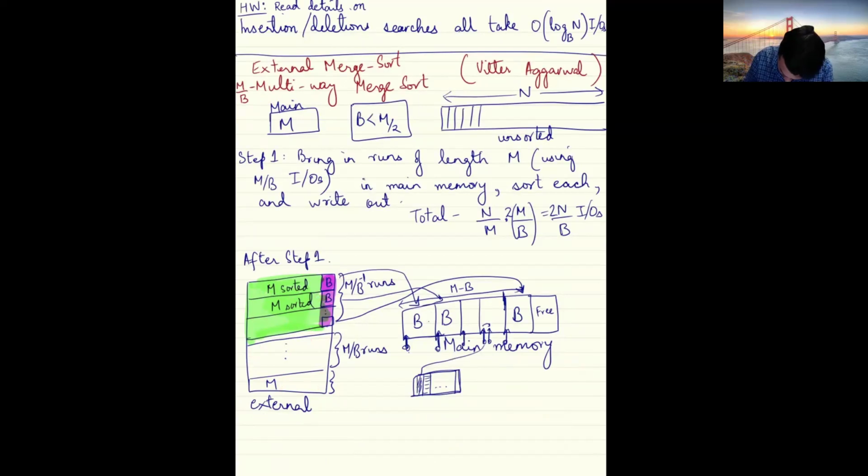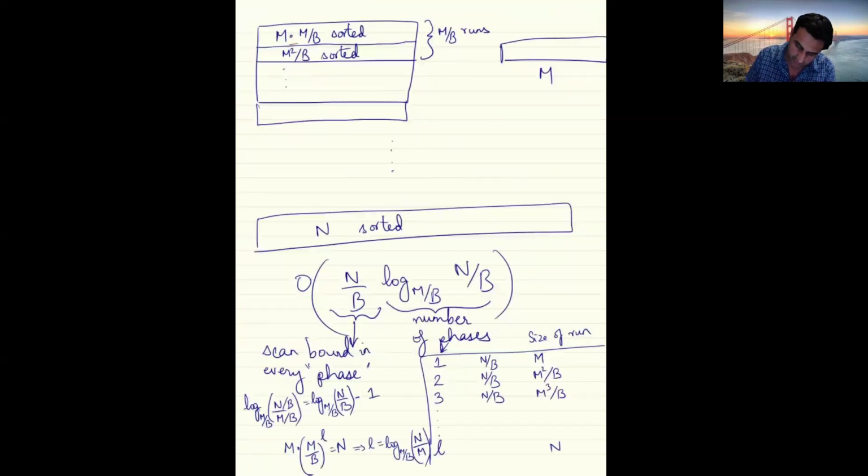Once I'm done with these m over b runs, I bring in the next m over b runs, then I'll sort this, then finally this. So the length of my runs becomes m squared over b at the end of the first phase. And again, I never bring in a block more than once, and the amount of stuff I write is exactly the amount of stuff that I bring in. That's everything once, so that's n over b IOs.